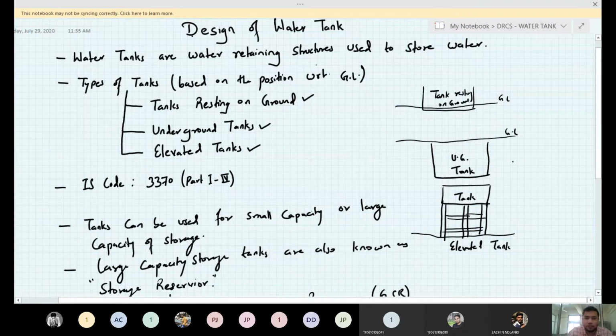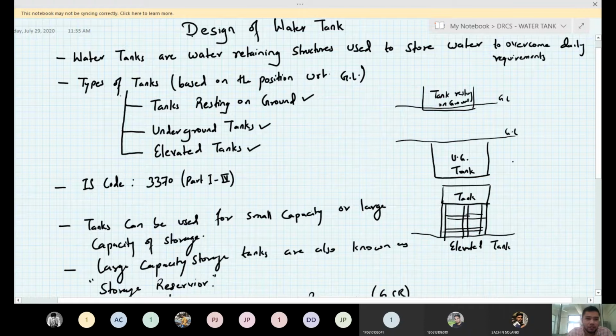Water tanks are the water retaining structures used to store water, and the purpose of storing the water is to overcome daily requirements, such as drinking, cleaning, washing, and household purposes. For all these requirements we need water to be stored, and the structures used to store the water are called water retaining structures, and a water tank is a type of water retaining structure.